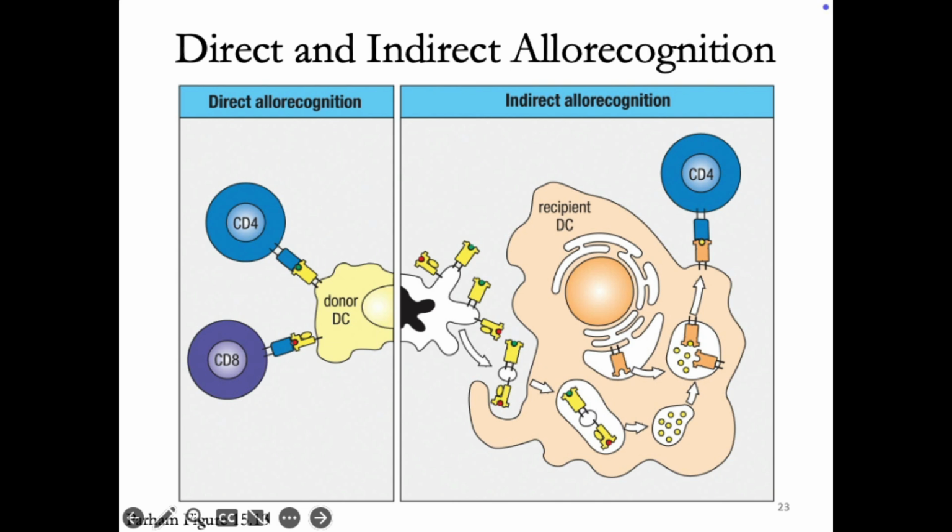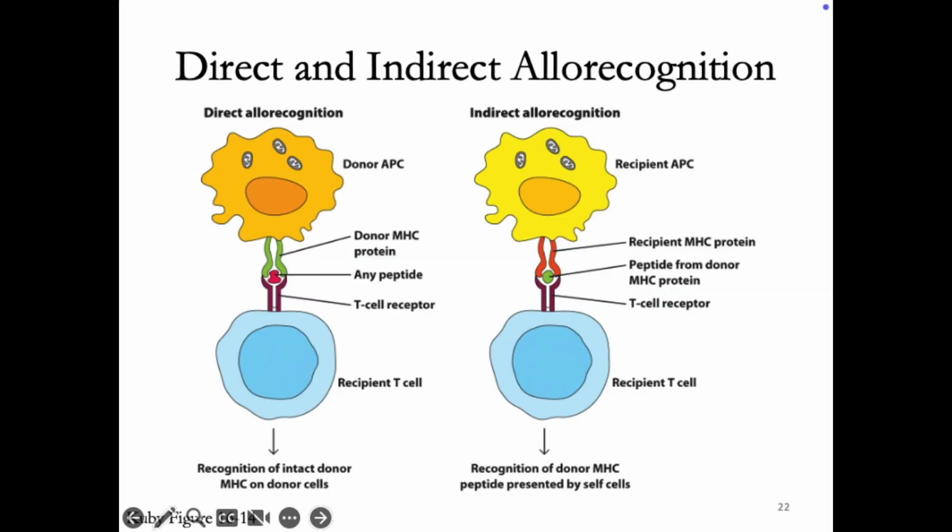The other way that we can see allorecognition is through a process known as indirect allorecognition. In order to understand indirect allorecognition, we have to think very briefly about one other kind of biochemical piece of information. Don't worry, it's not hard.